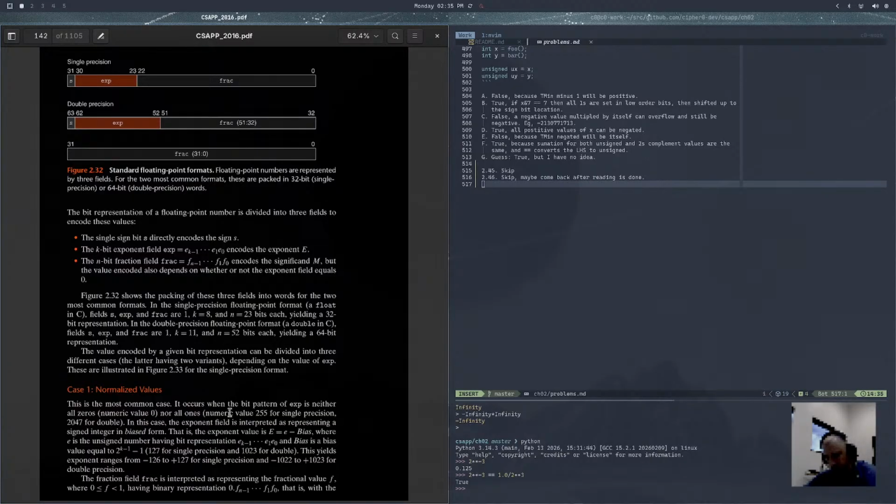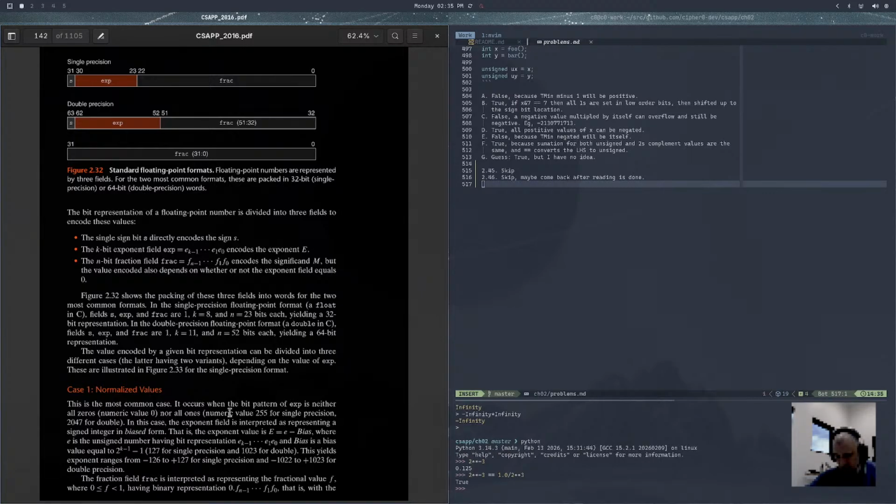In this case, the exponent field is interpreted as representing a signed integer in biased form. That is, the exponent value E is e minus the bias, where e is an unsigned number having the given bit representation, and bias is a value equal to 2 to the power of k minus 1, minus 1: 127 for single precision, 1023 for double.